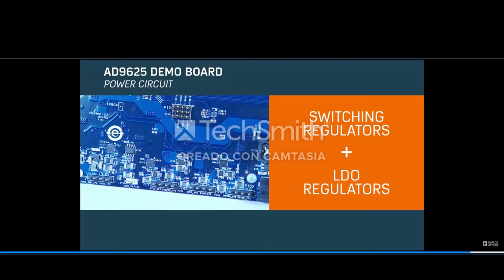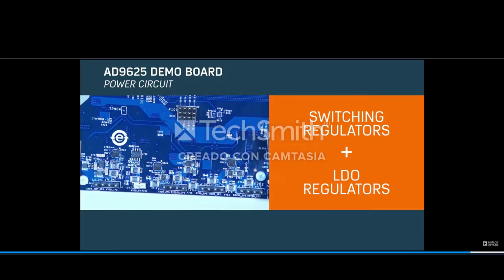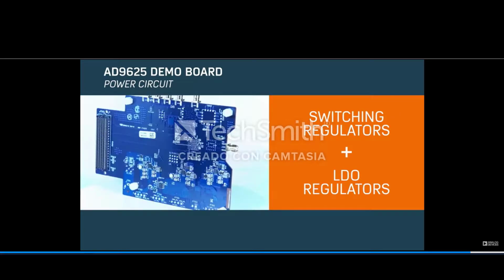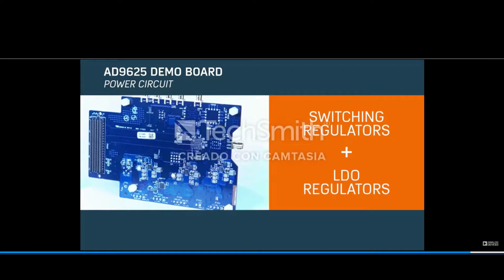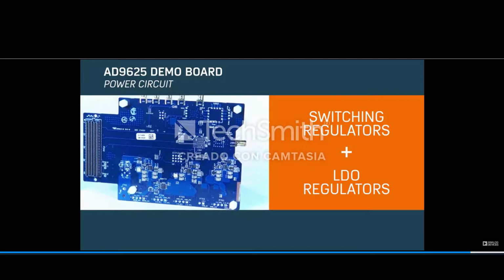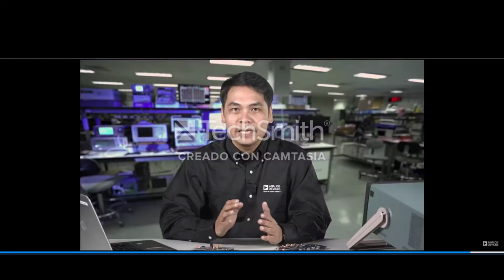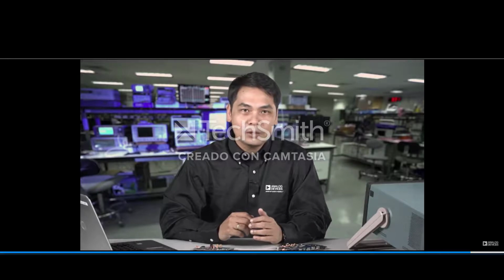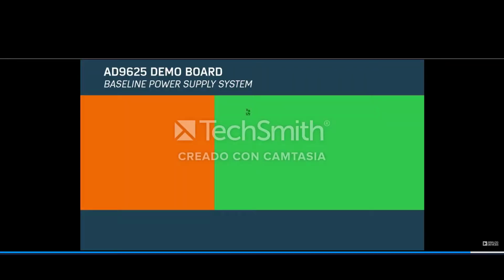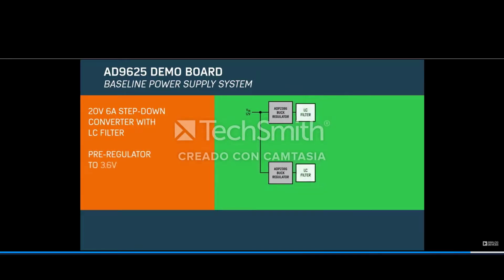Conventionally, the problem is solved by combining switching regulators, noisy but efficient, with low dropout or LDO regulators to minimize the switching noise in the power supply path. Hence, the traditional baseline power supply system for the AD9625 consists of 2 switching regulators, an ADP2386 20V 6A step-down converter with an LC filter, that act as pre-regulators to 3.6 and 2.1 volt intermediate voltages.